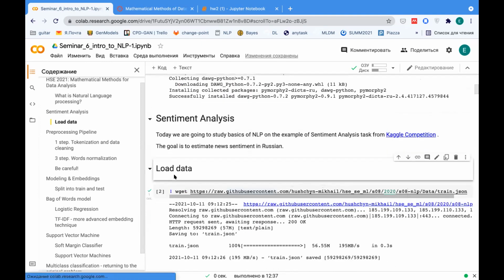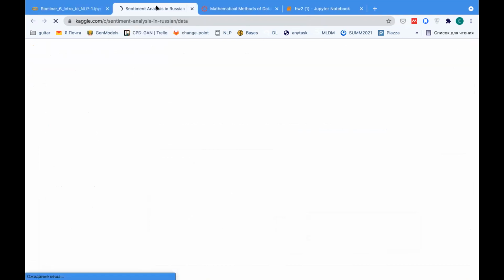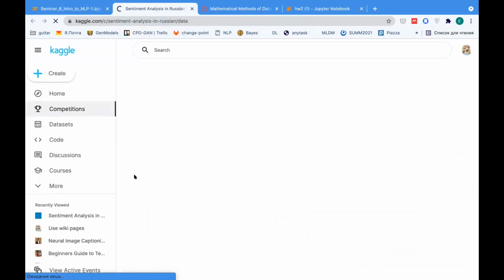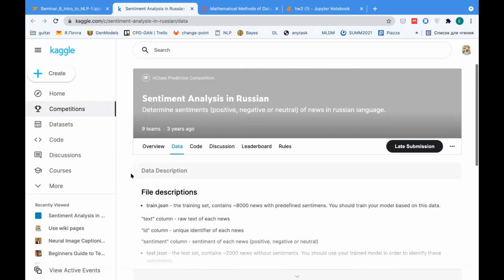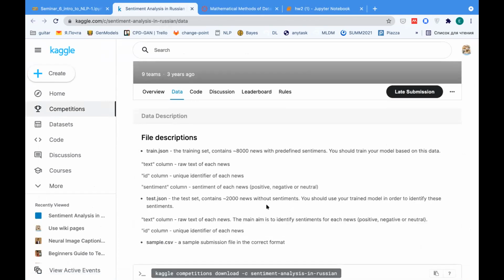And now we'll analyze some data from Kaggle. We're going to do sentiment analysis. It means that we try to check whether some text is about something positive or negative, or probably neutral.